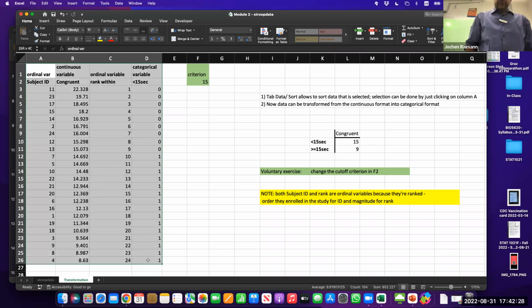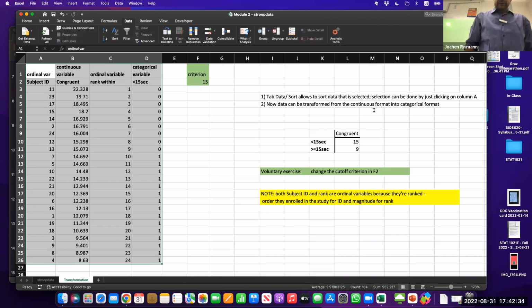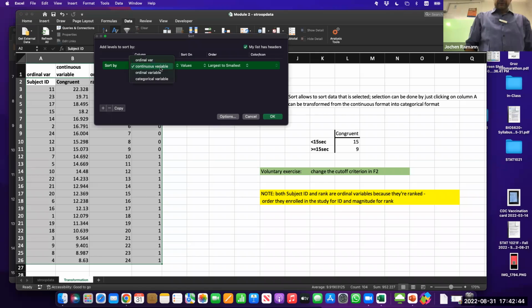If you define the entire data set here and go on data, you highlight the entire thing, you go on sort. You can sort it by the subject ID.